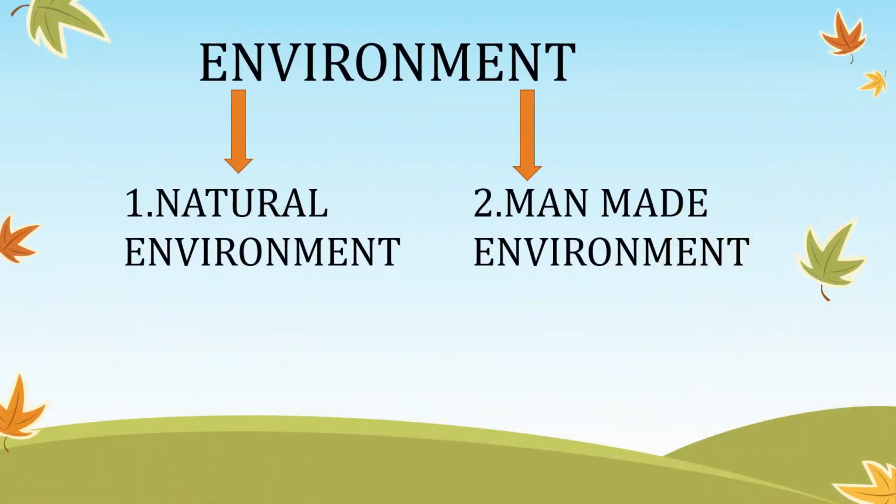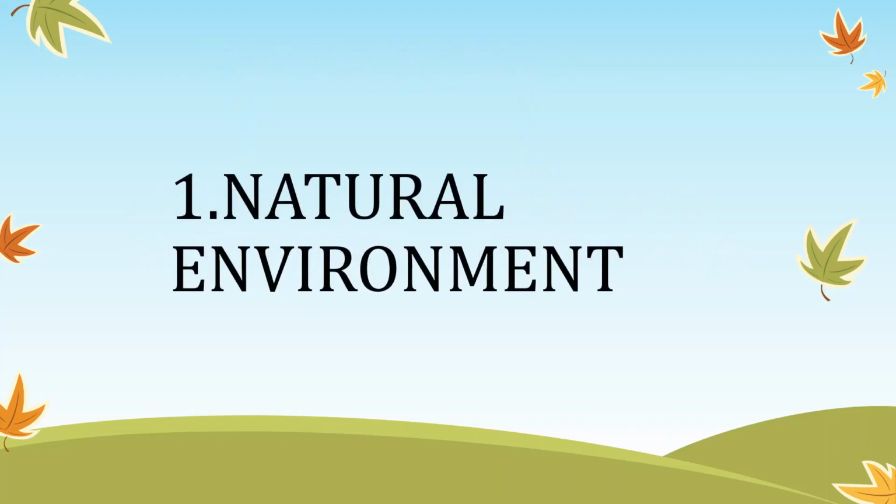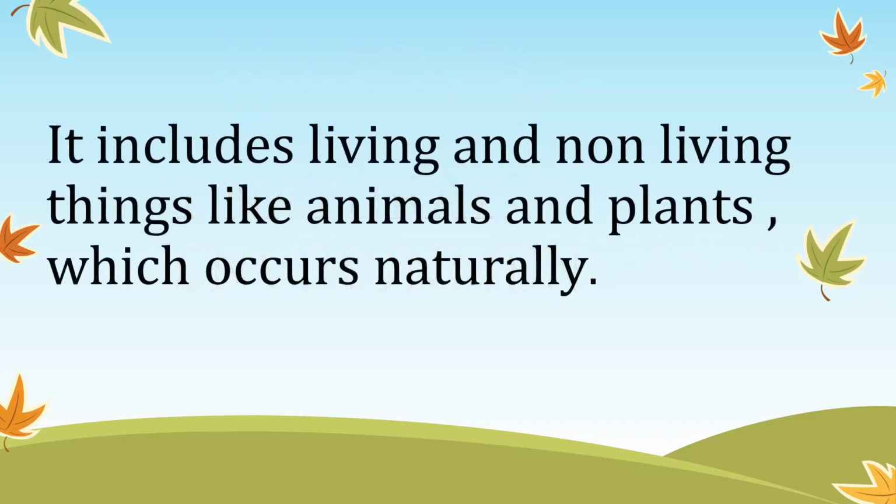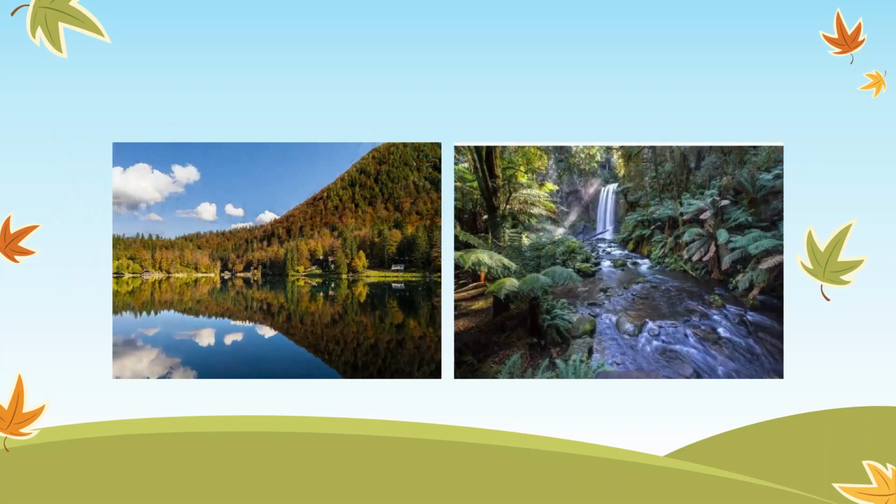First is natural environment and second one is man-made environment. Natural environment includes living and non-living things like animals and plants which occur naturally. For example, you can see forest, water bodies, waterfalls, etc.